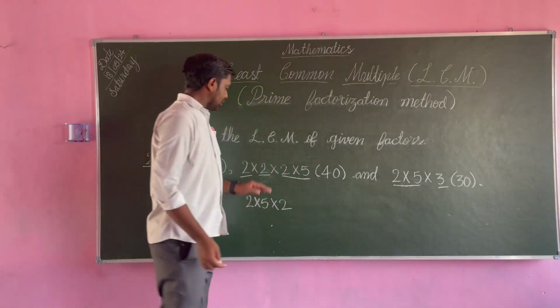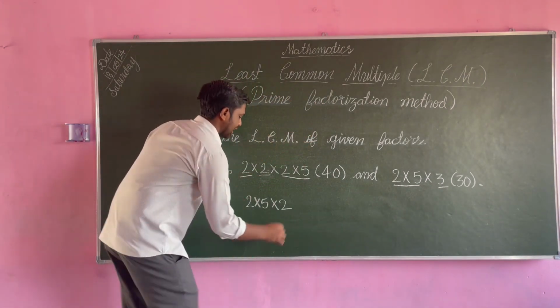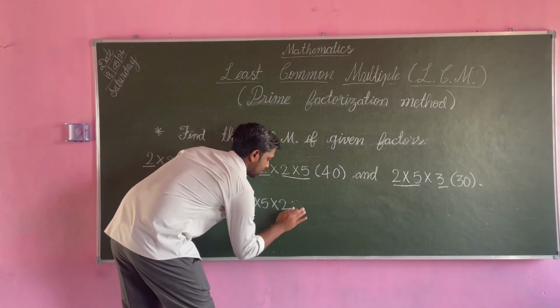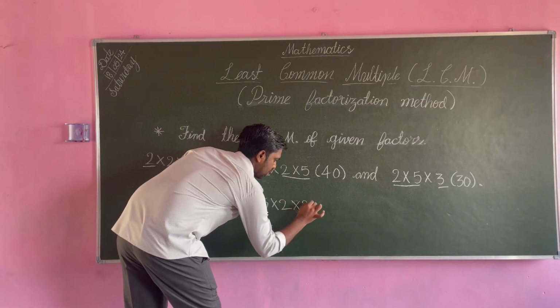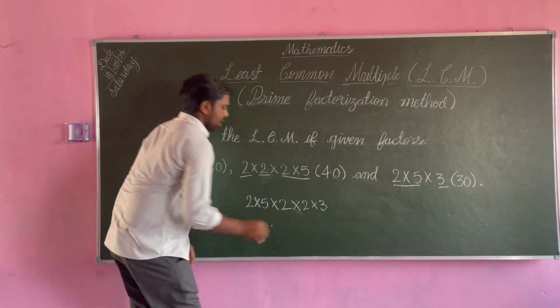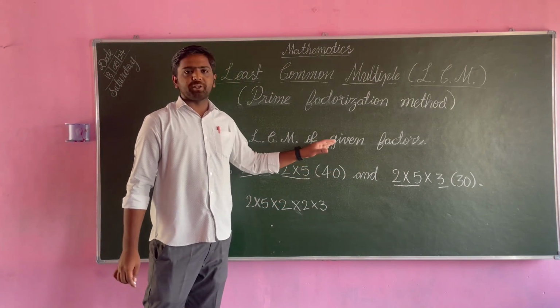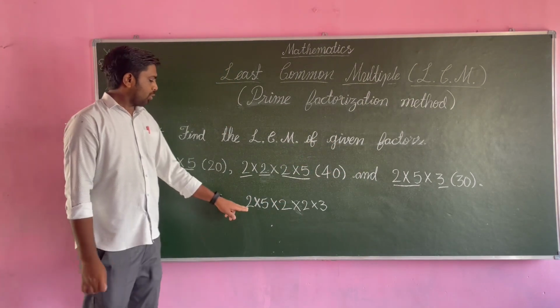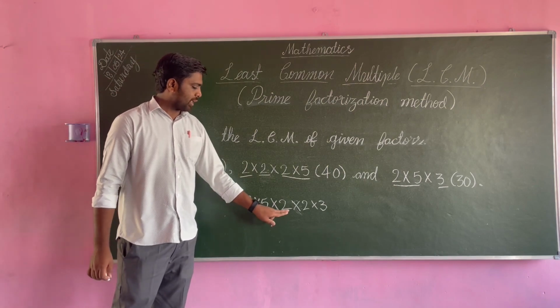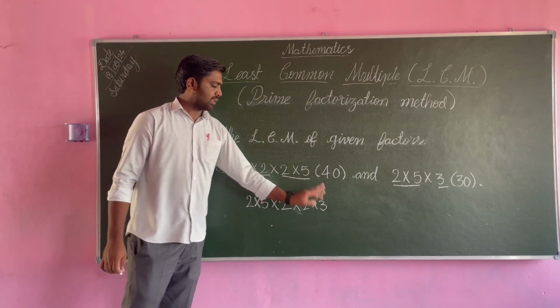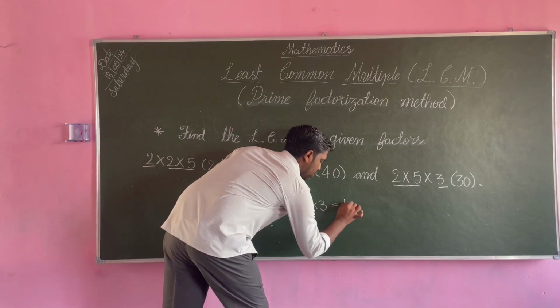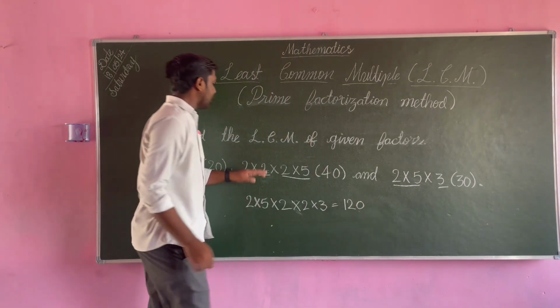Let's write 2 and 3 with a multiplication sign. The product of these numbers is the LCM of the given numbers. 2 5s are 10, 10 2s are 20, 20 2s are 40, 40 3s are 120. So 120 is the LCM of the given factors.